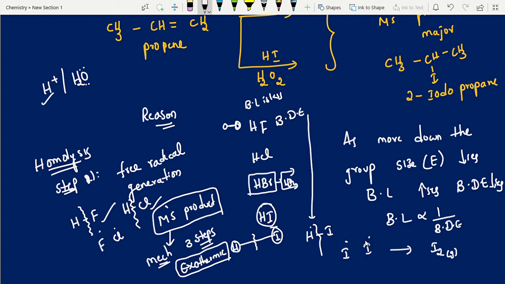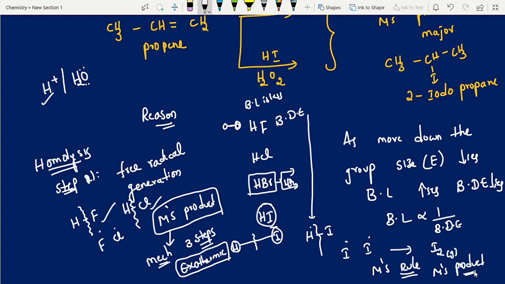If it is stable, this iodine radical will go and react with your substrate, CH3CH=CH2, and the further steps occur. But if it is not in the free radical condition and converts into iodine form, no use. That's why we are using peroxide here also. It gives the Markovnikov product only. So this is the reason.